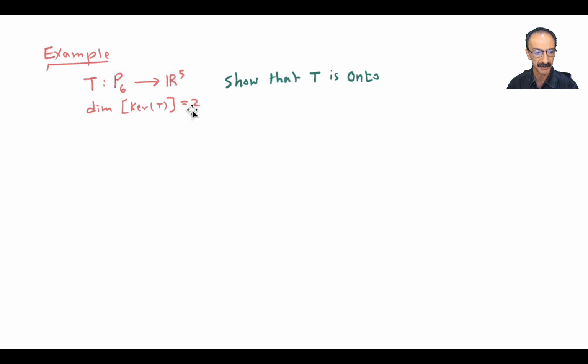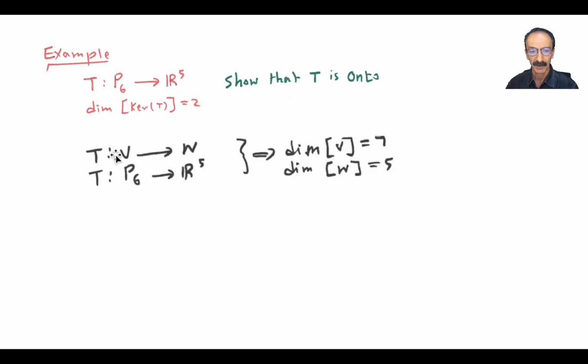Let's use the theorem and compare the numbers together. So what I just mentioned is written right here. We're going from V to W. Today it's P6 to R to the 5. The dimension of V is 7. Dimension of W is 5. Here's the theorem.